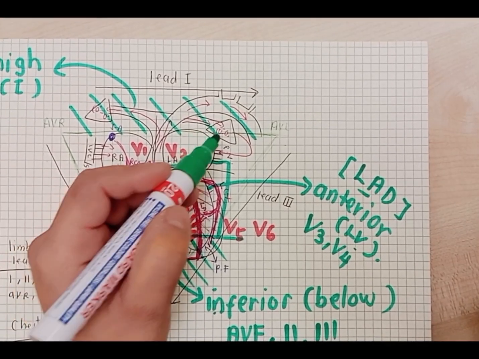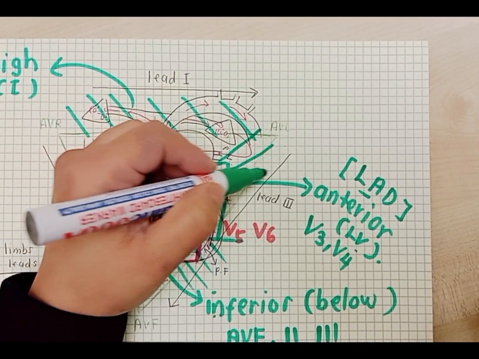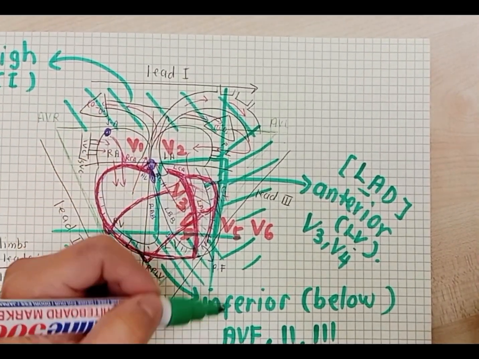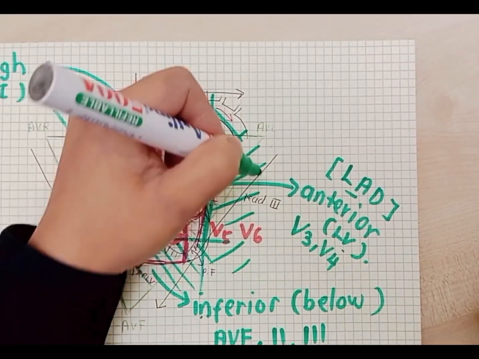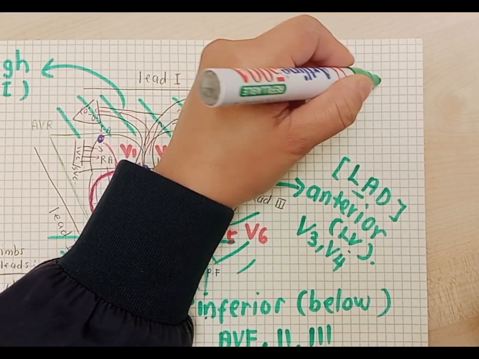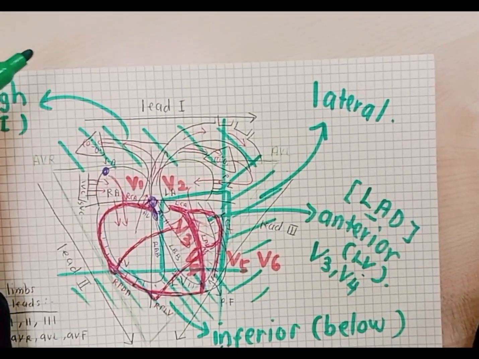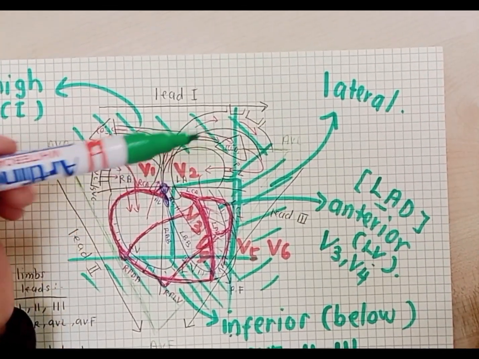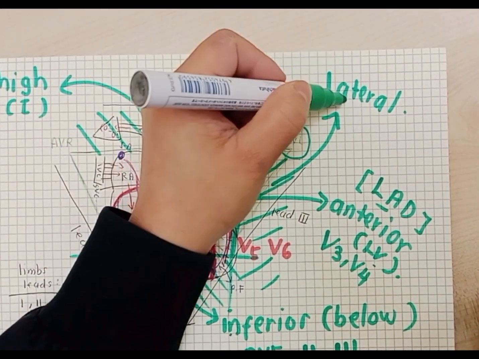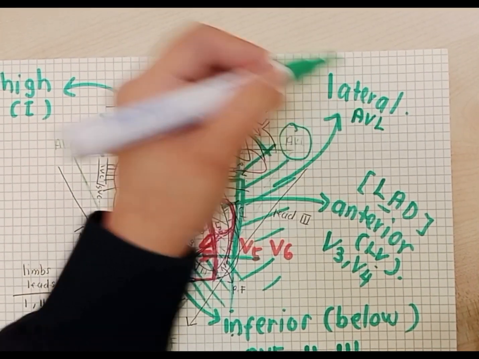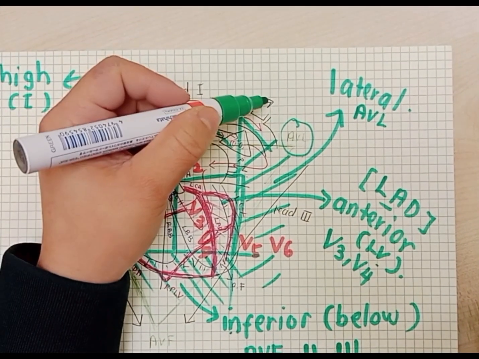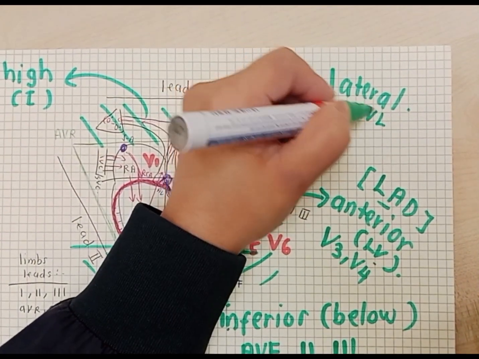So now what we call here is lateral. This side is lateral. So which leads are in the lateral side? aVL is lateral. Lead 1 is the depolarization of the impulse to the lateral.